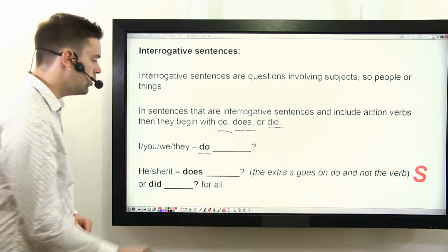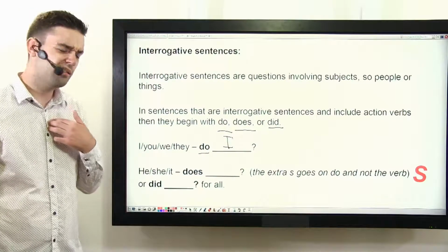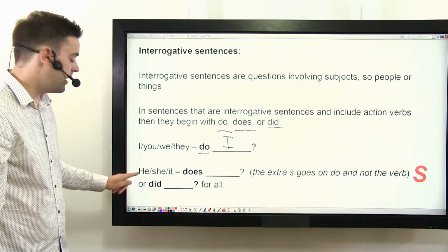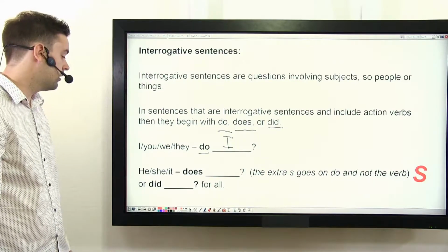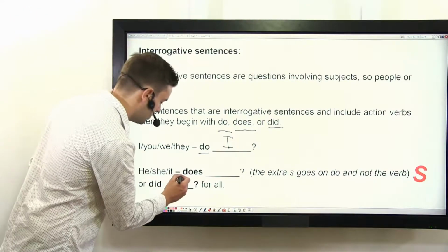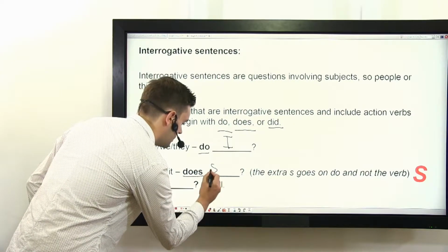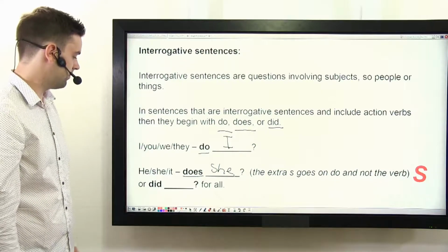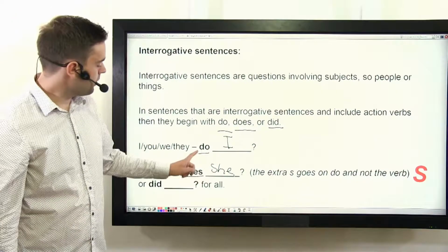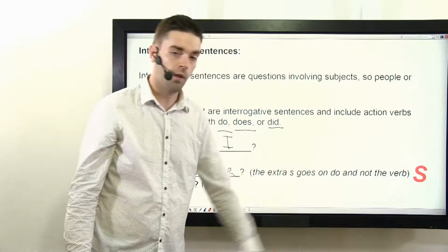So, do I? If it's he, she, or it as the subject, it begins with does. Does she? So, you've got do or does. The extra S goes on do and not the verb.